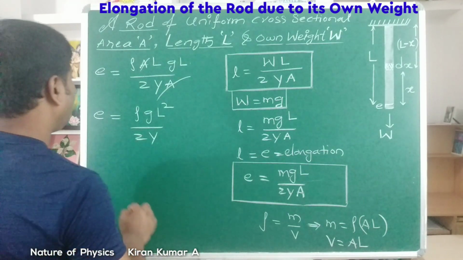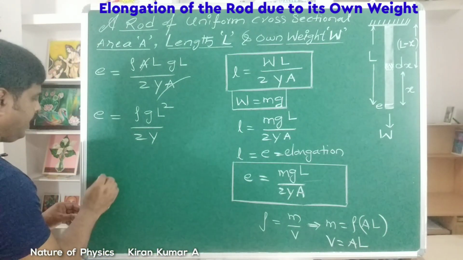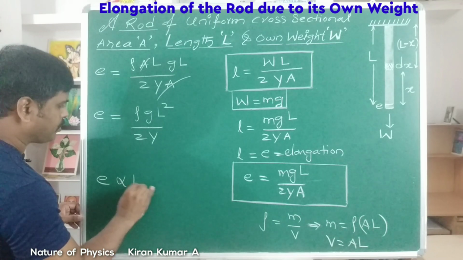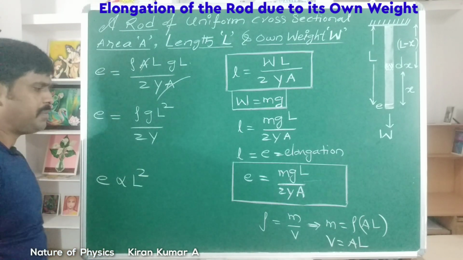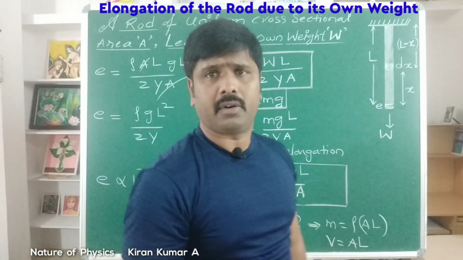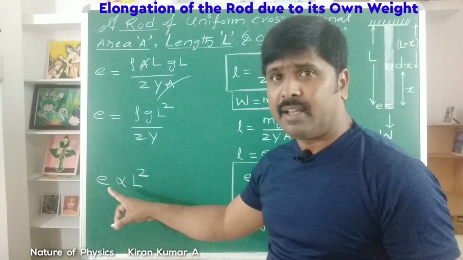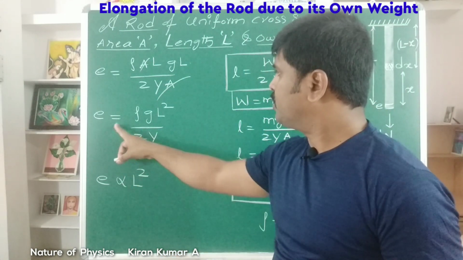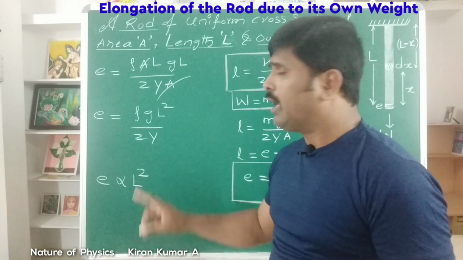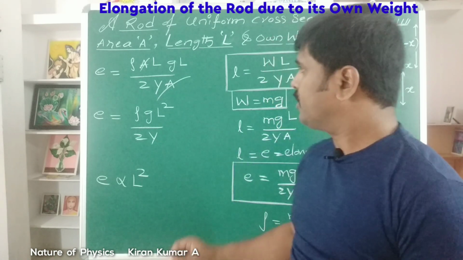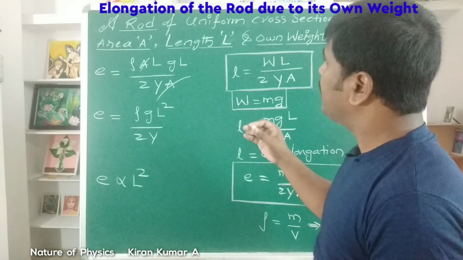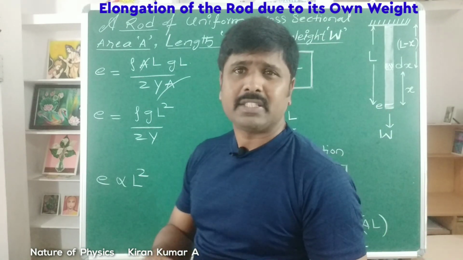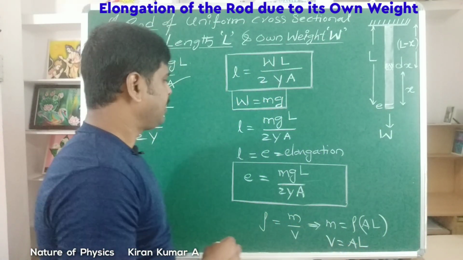So this is the elongation. Okay, elongation is directly proportional to the square of the length of the rod. So this is the elongation of the rod due to its own weight.